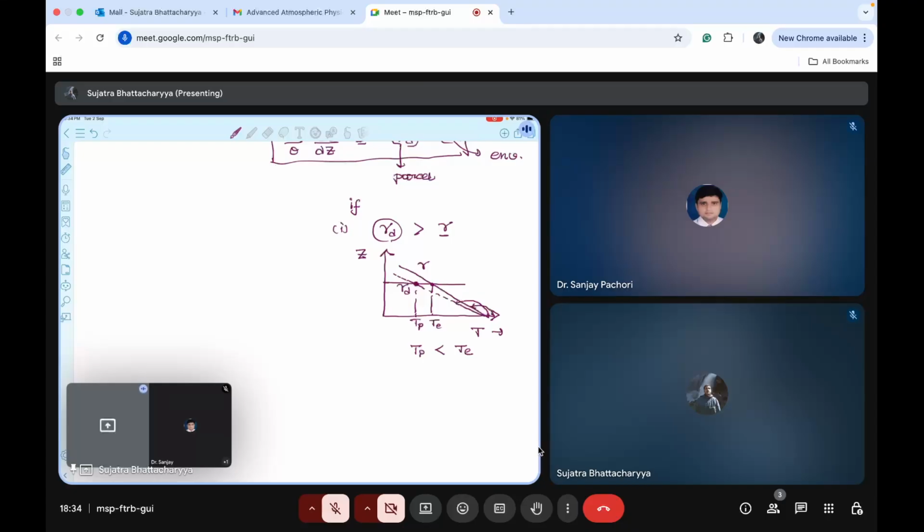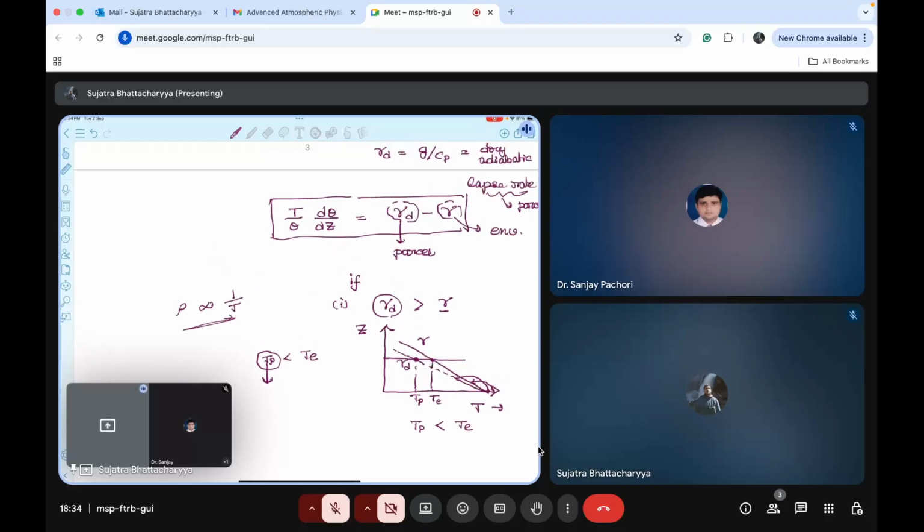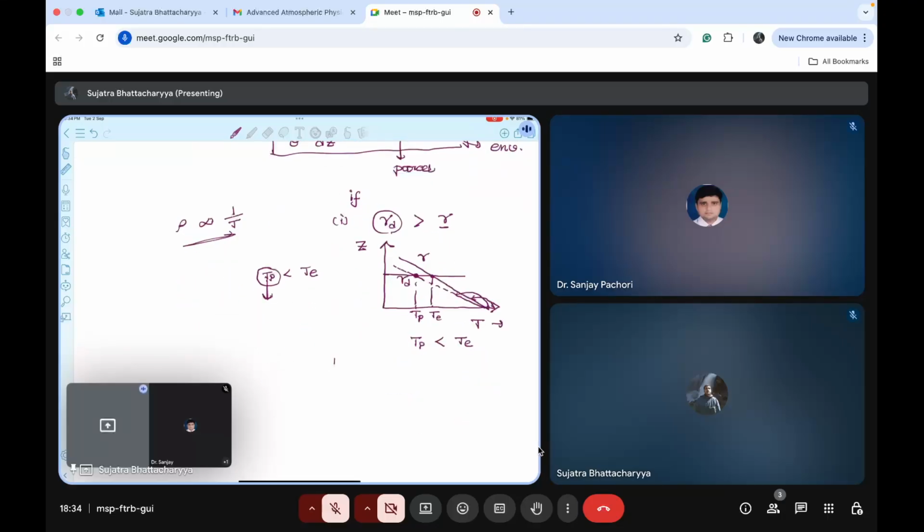If parcel temperature is less, then it will be more dense, because as you know from ideal gas law, rho is inversely proportional to temperature, right? So in an environment, if a parcel temperature is less than the environment temperature, it should fall. Right? So if gamma d is greater than gamma, or your d theta dz is greater than 0, that means it is a stable atmosphere.